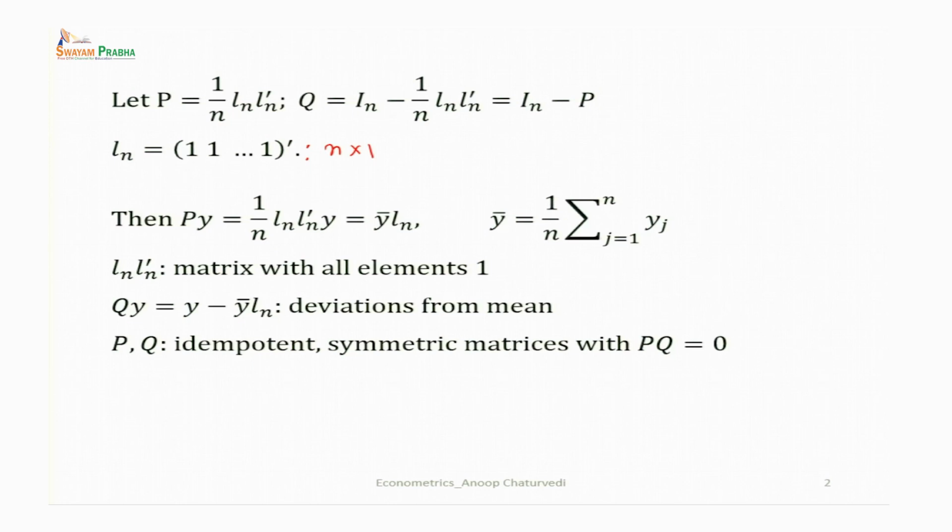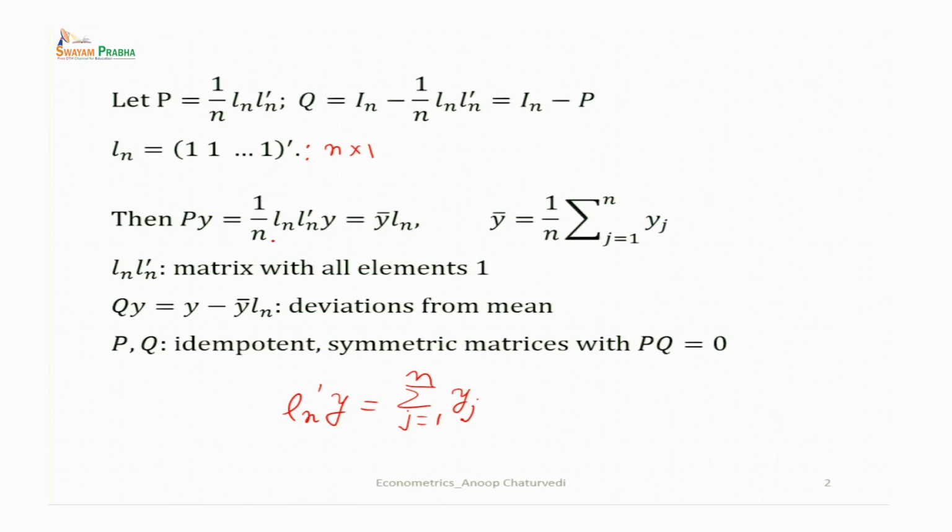Then you can observe that P y is equal to 1 upon n l n l n transpose y. Now, l n transpose y is equal to the summation j equal to 1 to n of y j, because all the elements of l n are 1. So, l n transpose y gives you the sum of all the elements of y.